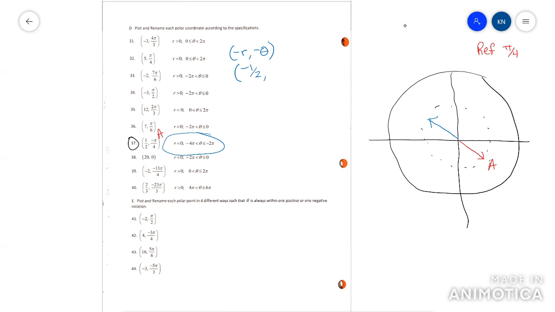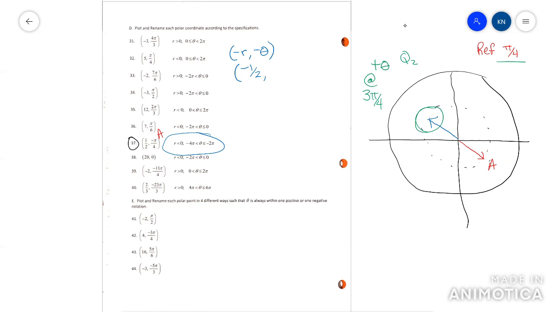All right, so remember, I'm aiming for this spot right here. Now, in terms of where is that? Well, if it was a positive theta with this reference angle pi over 4 in quadrant 2, that would be at 3 pi over 4, right?